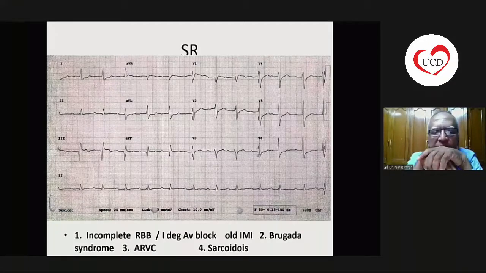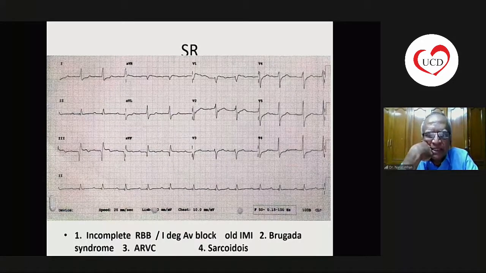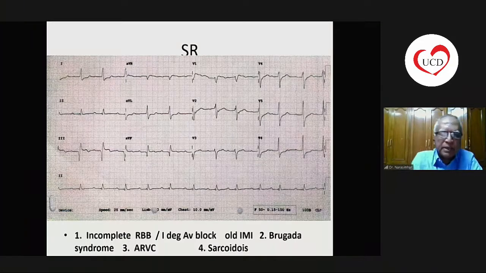Similar right bundle branch block patient, very similar history. Is it incomplete right bundle branch block, first degree AV block, old inferior MI because he has a Q in an inferior lead but no Q in lead 2, Brugada syndrome, ARVC, or sarcoidosis?